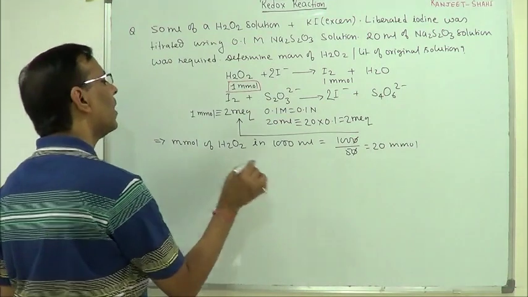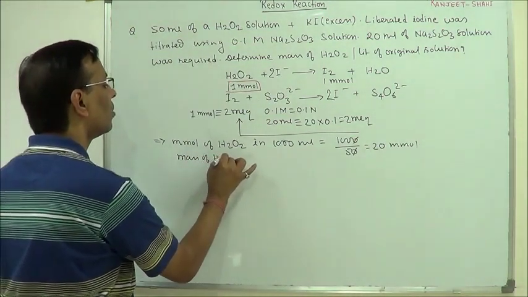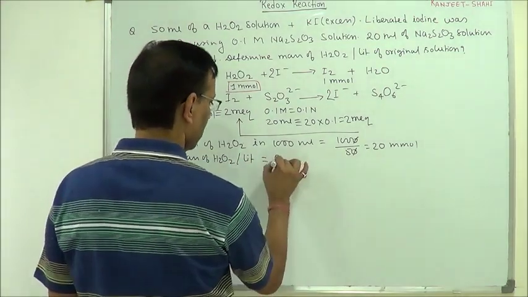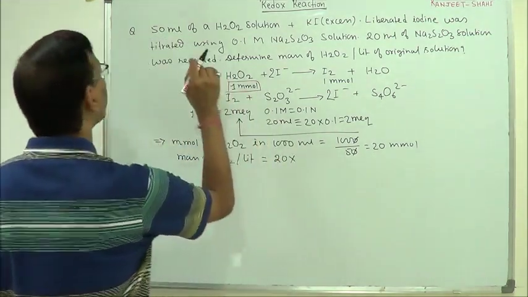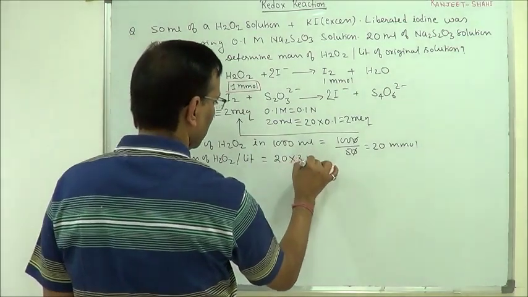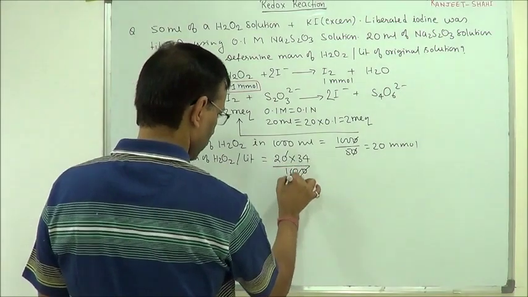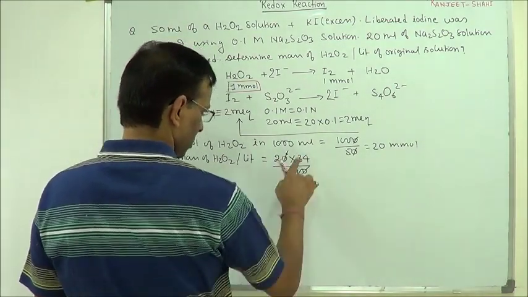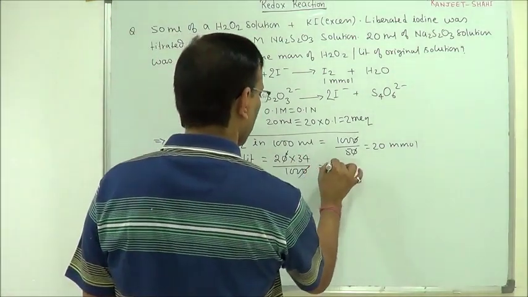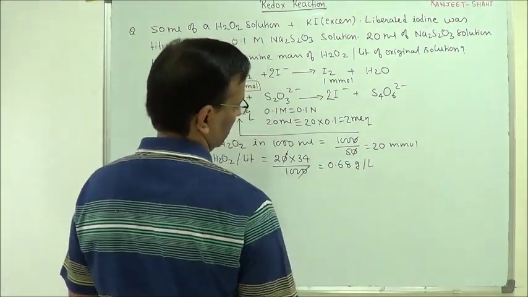If we convert it into mass, so mass of H2O2 per liter will be equal to 20 into molar mass, which is 34, divided by 1000 for millimole. So 34 into 20 divided by 1000, 0.68 gram per liter.